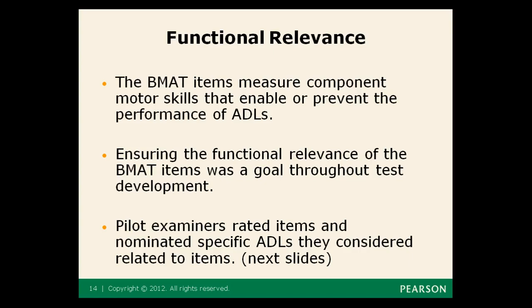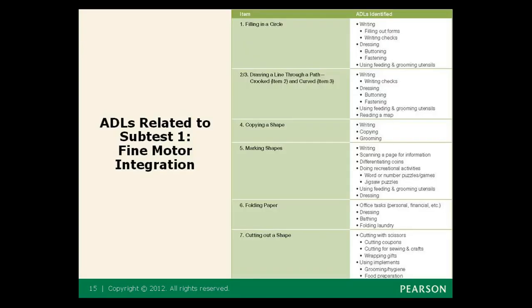Another question asked examiners to nominate for each item specific ADLs that they thought were related to performance on the item. So during the pilot test phase, we were really looking at what items contributed to what ADLs. Let's look at the charts to go over this a little more.